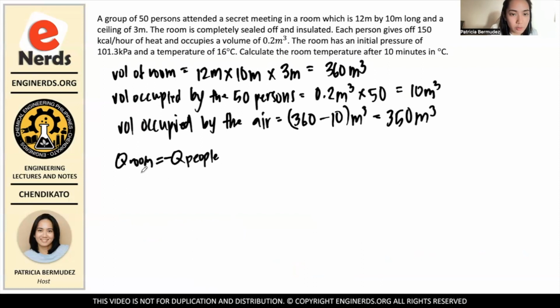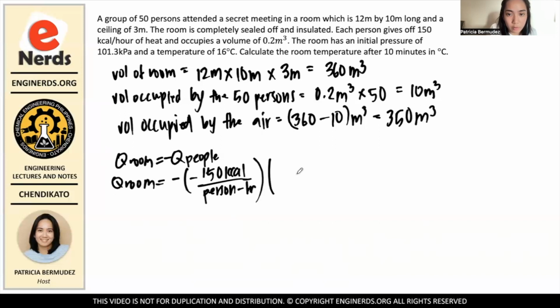All right, so the Q of the room is equal to negative, and since heat is given off by each person, it is also negative heat. So 150 kilocalories per person per hour. With that, we have to multiply it with conversion factors so that only calories will remain in the unit later.